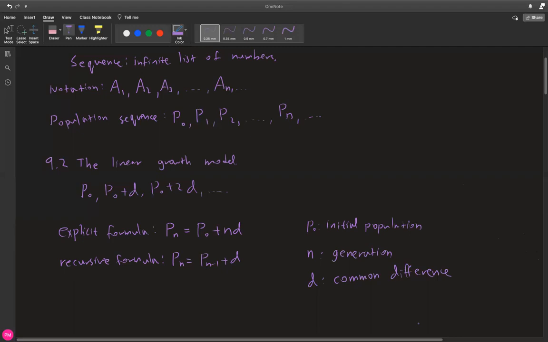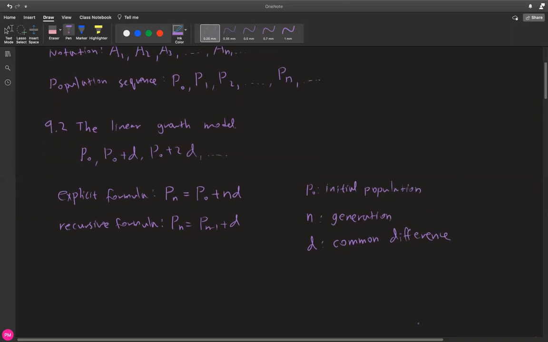They will explicitly mention that it grows linearly or grows according to the linear growth model. So make sure you read the problem several times just to understand if it's asking for linear growth or some other type of growth model.